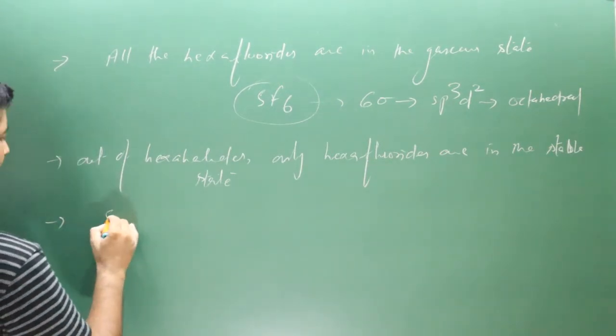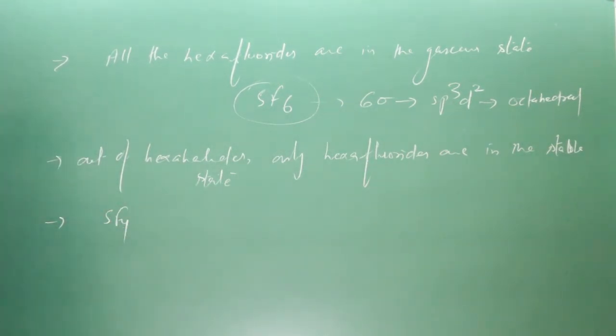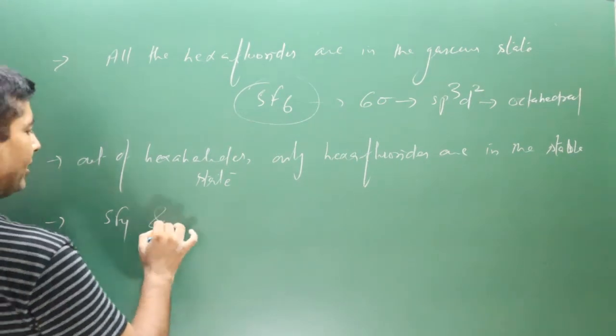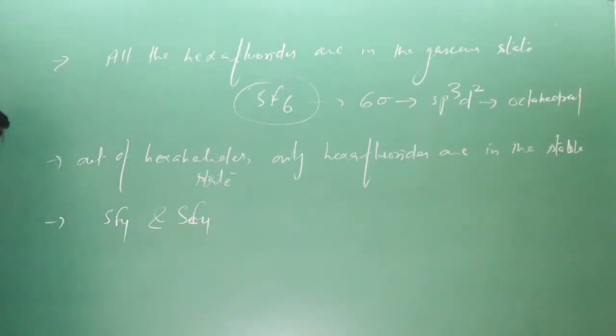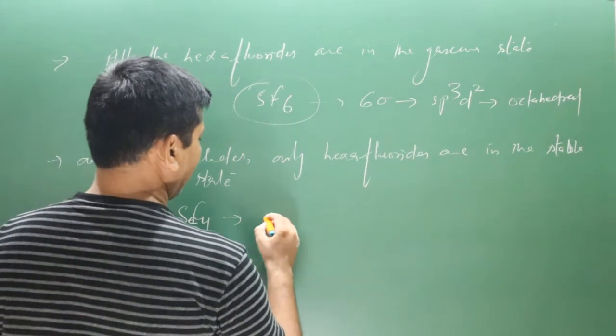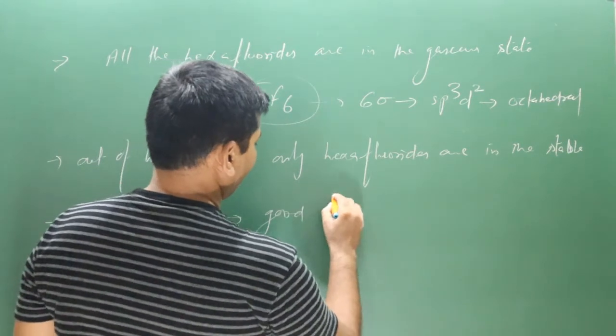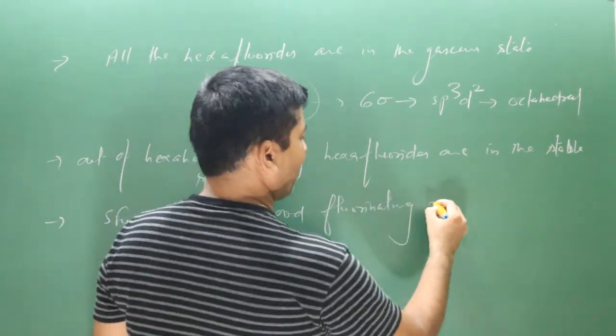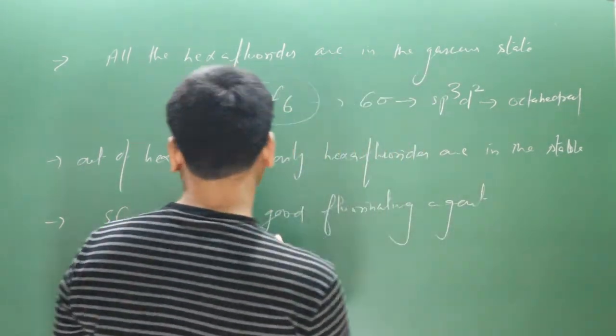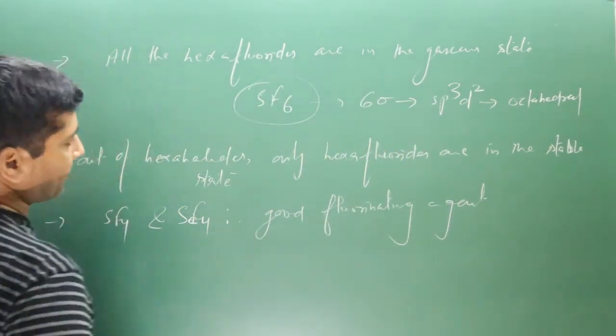And then we have SF4, tetrafluoride, which is considered a good fluorinating agent.